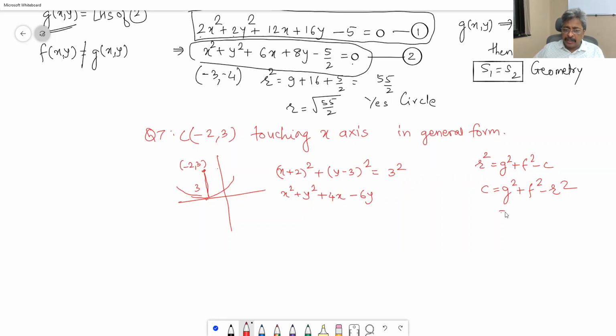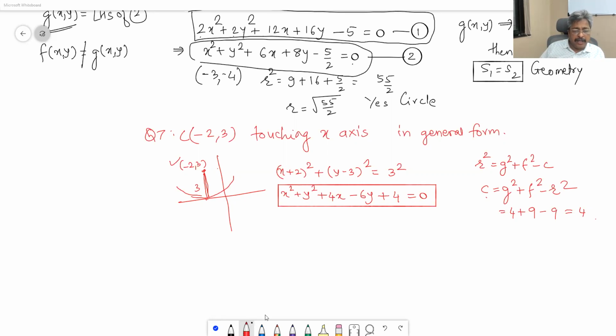So g square is 4, f square is 9, minus r square is 9, therefore it is equal to 4, and therefore c is equal to 4, which you should write here as 4, which is equal to 0. That is what is equation of circle. So for getting equation of circle, you need center, which is given in this problem. You need radius.